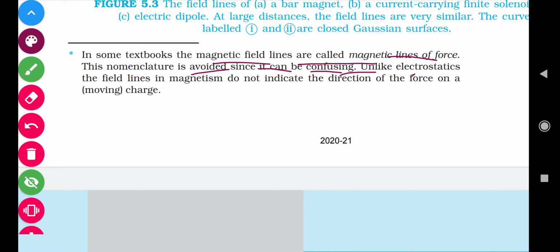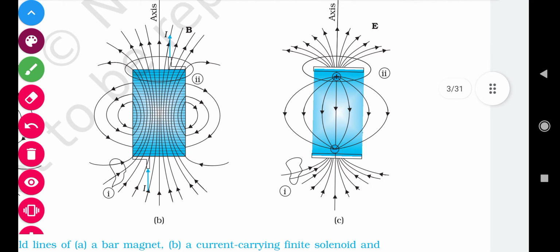Unlike electrostatics, the field lines in magnetism do not indicate the direction of the force on a moving charge. When we study electric field lines, for a dipole, at a point where the electric field is given, draw a tangent, and the direction of the force on a test charge will be the same.